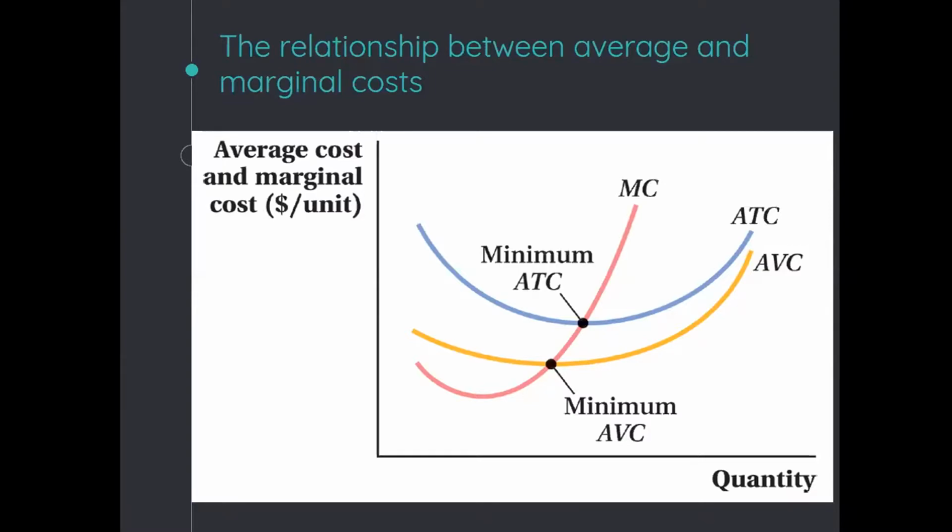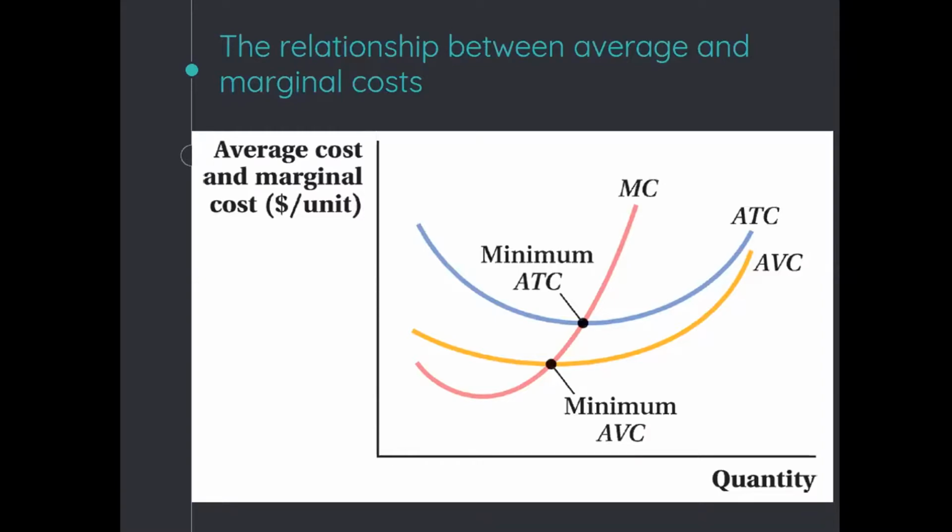And the red one is the marginal cost. The yellow one describes the variable cost per unit. The blue average total cost curve is the average cost per unit. And the marginal cost is the additional cost for every extra unit I decide to produce.